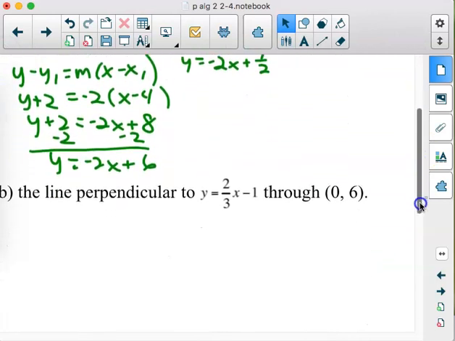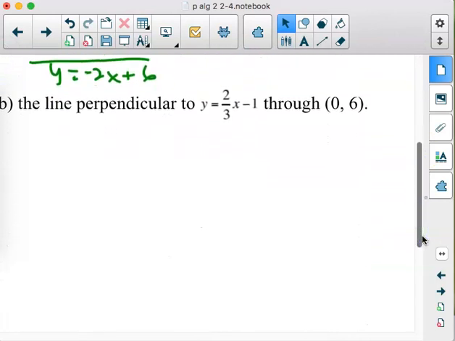That's it. So this one wants the line perpendicular to the line y equals 2/3 x minus 1. And it's going to go through the point 0, 6. Okay. So, Jaden, thoughts? We have to change it.